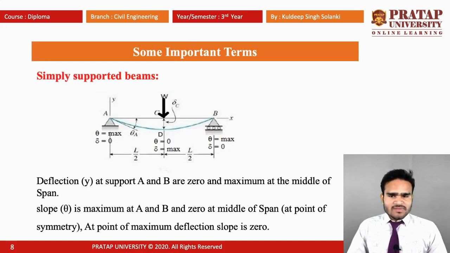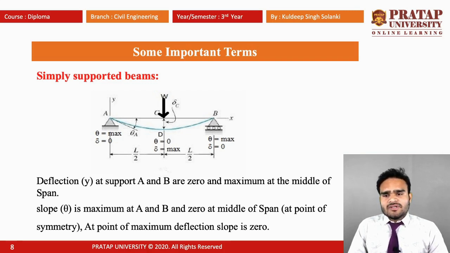So this is the sign convention for deflections. And next are some important terms. First is the simply supported beam. See that this is a simply supported beam ACB, and a point load W is acting at the central point C. In this case, A is a pin support and B is a roller support.